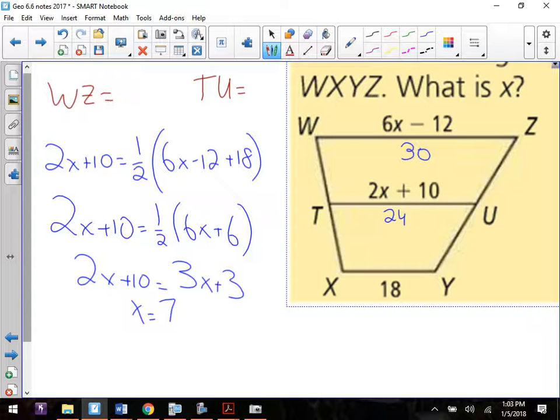Add 10. 6 times 7. Subtract 12. So we found the value of x, and then I just took that value of x and substituted it.